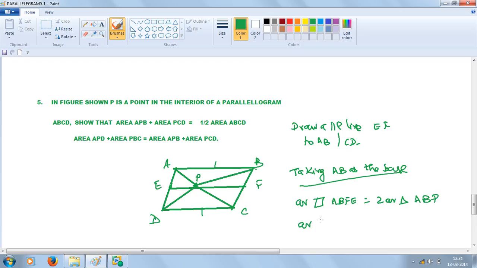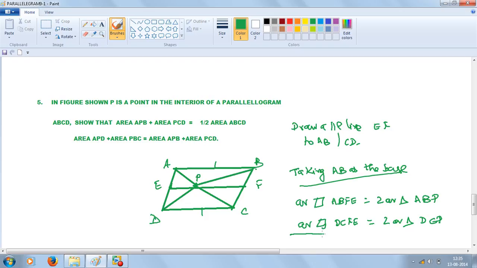Similarly, the area of the parallelogram DCFE is equal to twice the area of the triangle DCP. If you write it this way, that way also is fine.